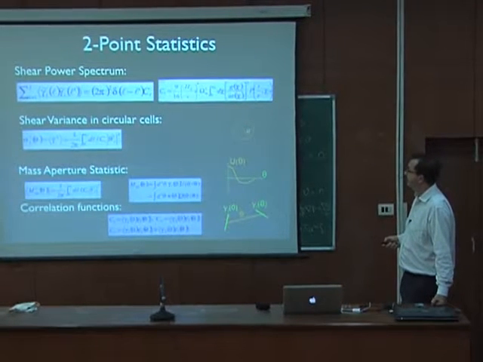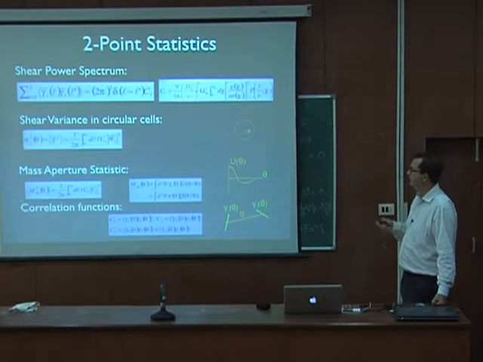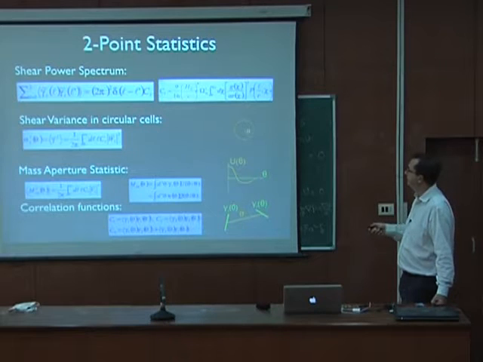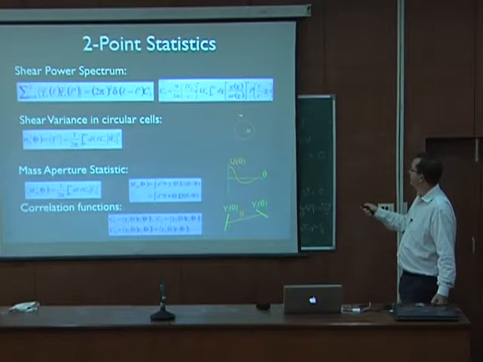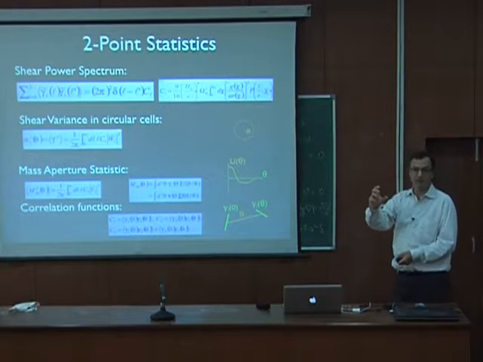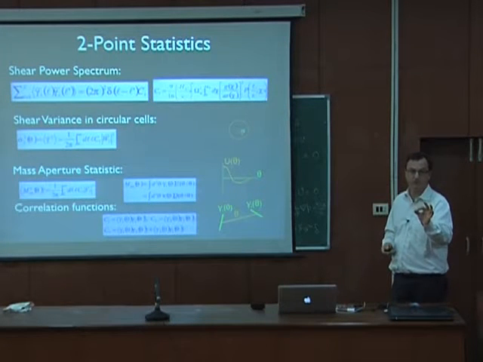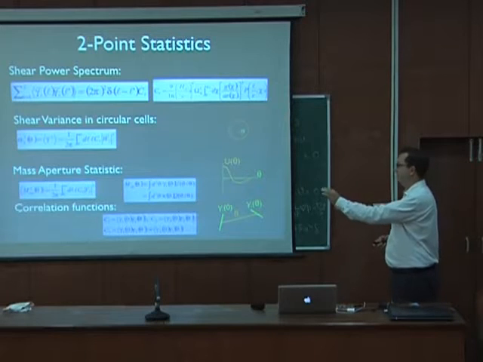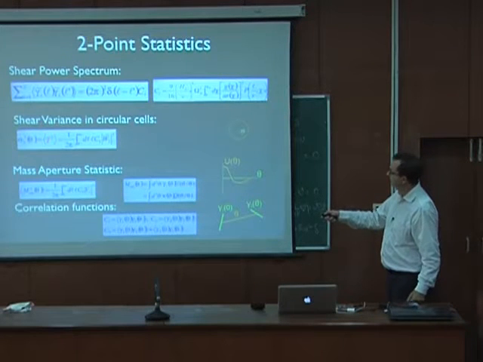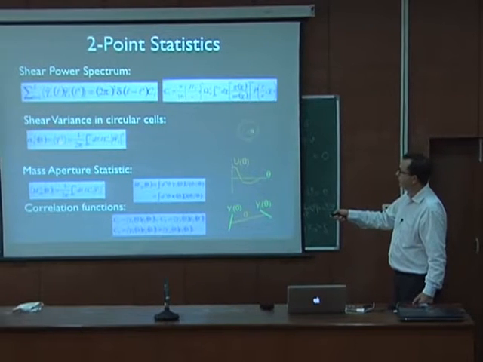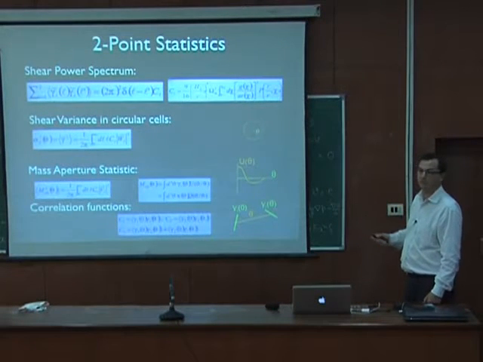There are other ways of characterizing the 2-point function of the fluctuation as a function of scale. At early times, we didn't have much signal, so we used something even simpler. So what we did is we drew a circle on the sky of radius theta, and we measured the average shear in that circle, and then we displaced the circle somewhere else, measured the average shear, squared it, and basically took the average of the square of the shear averaged inside this circle.